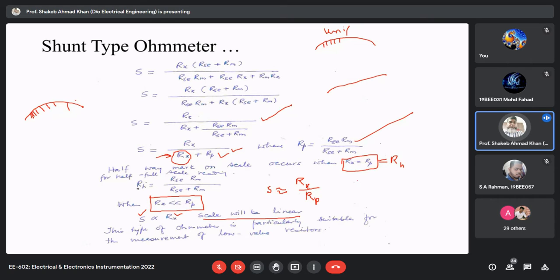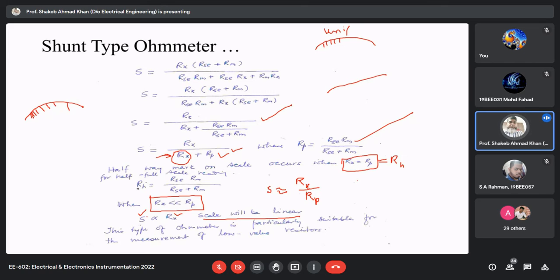So generally, we prefer that our scale should be uniform, but it depends upon the meter technology, what kind of meter you are using. Like permanent magnet moving coil instruments, voltmeter and ammeter, have a uniform scale, and this is not true for moving iron type instruments, because of the square law they follow.